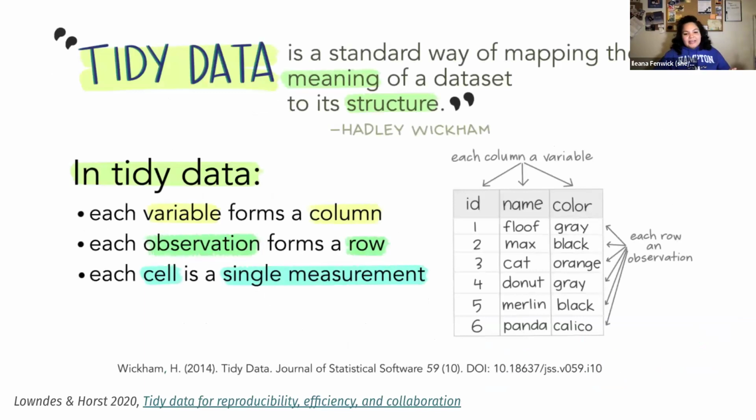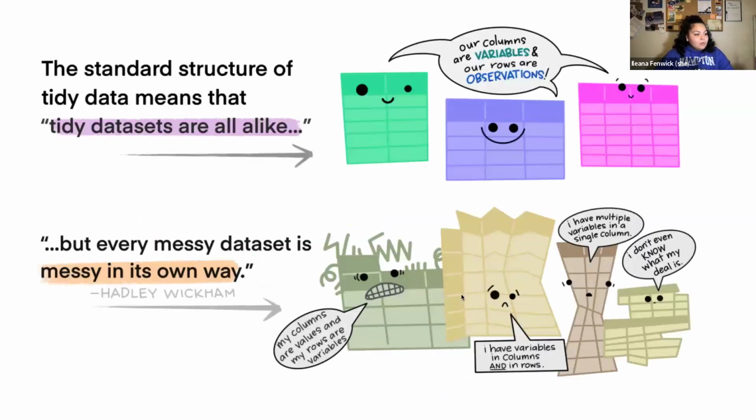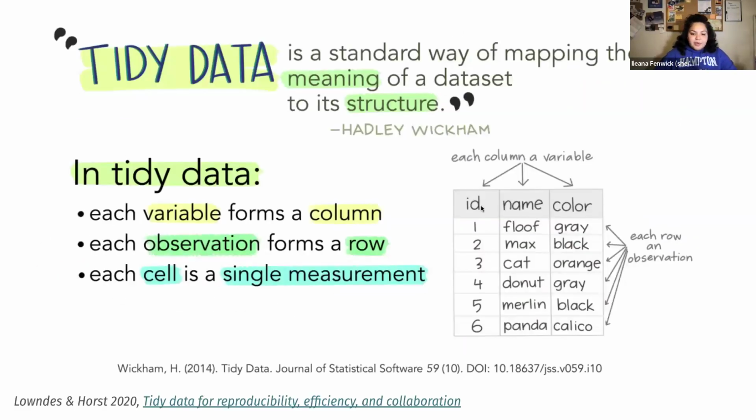And so tidy data, to define it, it first has a standard and it has a structure and meaning of the data set that are very intentional. So here we have an example of tidy data. Each variable forms a column. Each observation is in a single row, and each cell is a single measurement.